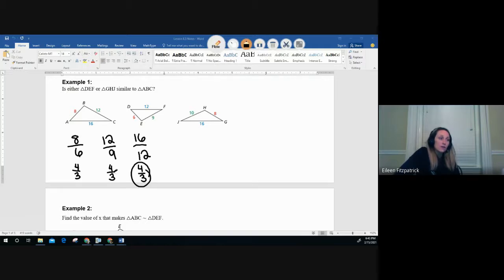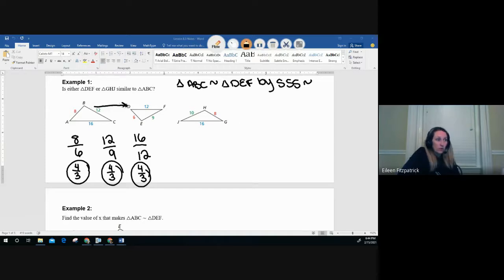Since they all simplify down to the same value, that means that triangle ABC is similar to triangle DEF. And it's by side similarity.